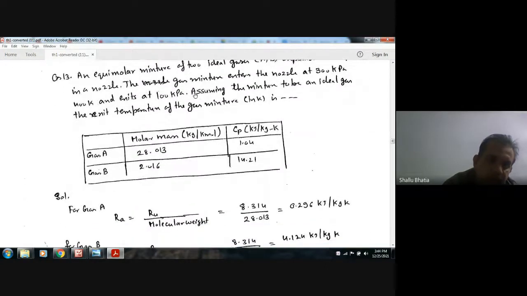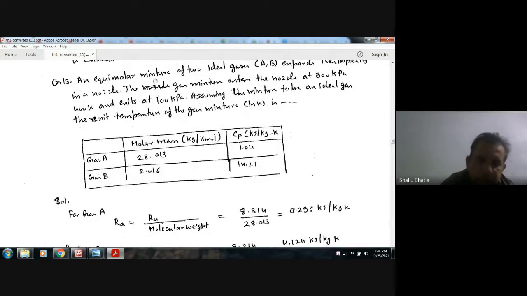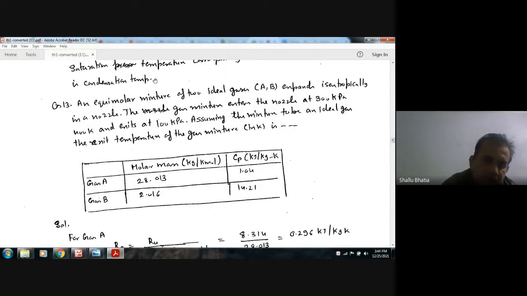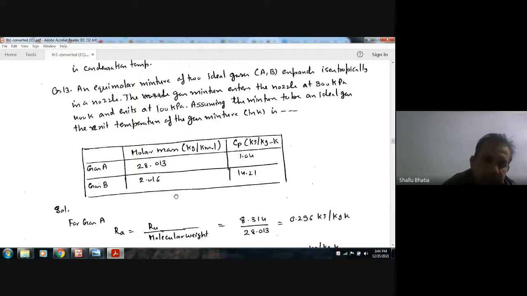As both the gases are equimolar, their Cp and R can be easily calculated by using the molar masses, and similarly the Cp of the mixture can be calculated.